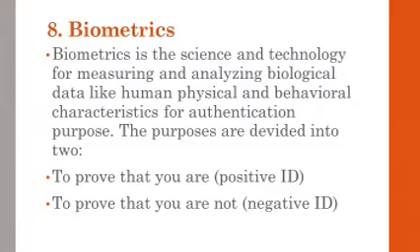One useful way of thinking about biometrics is that they are used for one of two purposes. The first is to prove that you are who you say you are, that is the positive ID. The second, the negative ID, is to prove that you are not who you say you are not.